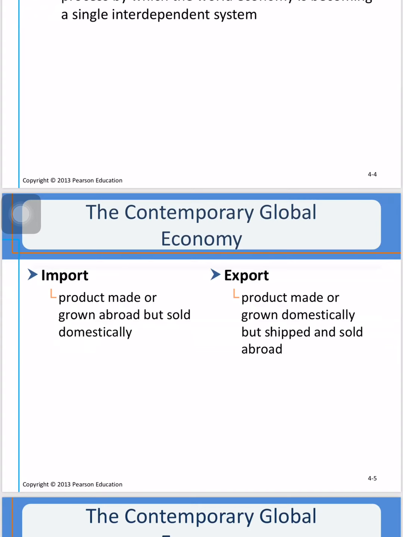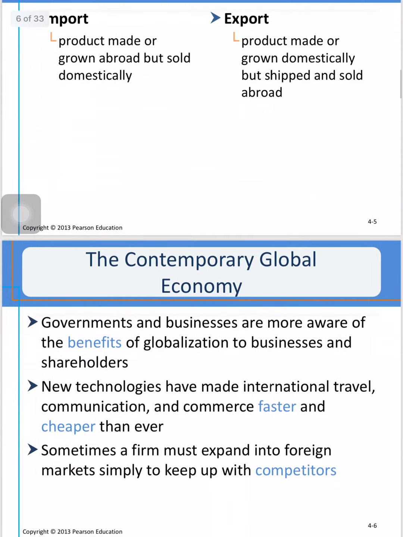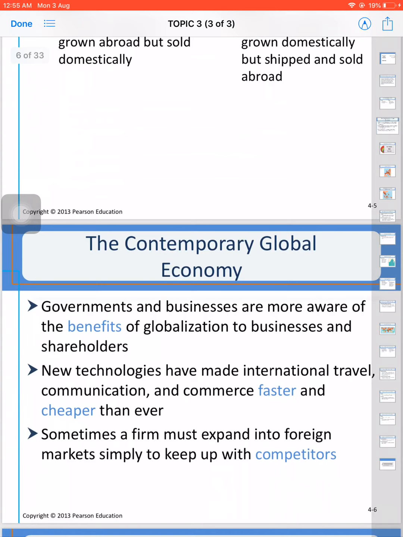Next slide is about governments and business. Governments and business are more aware of the benefits of globalization to business and shareholders. New technology has made travel, communication and commerce faster and cheaper. Yes, it's true. With new technology, international travel, communication and commerce are faster and cheaper than ever.